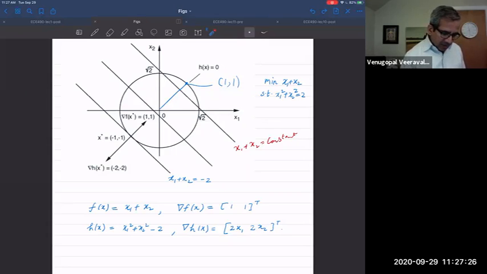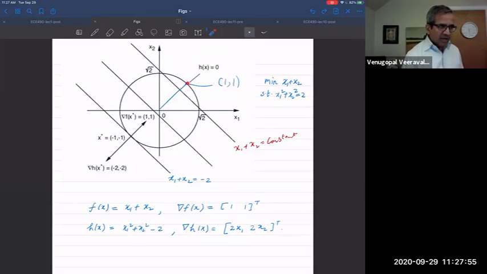So basically I can't move off of this. If I have a line that is here, then it's outside the circle, so there is no feasible x on that line. And similarly, if I have a line that's here, there's no feasible x on that line. So all the feasible x's correspond to lines between this line and the line of this boundary.